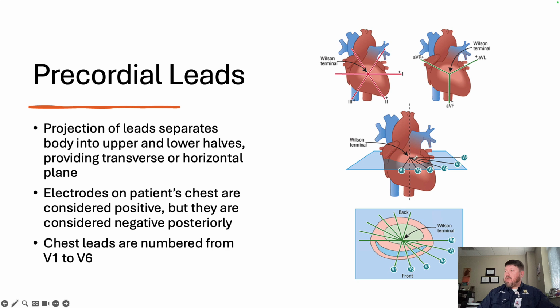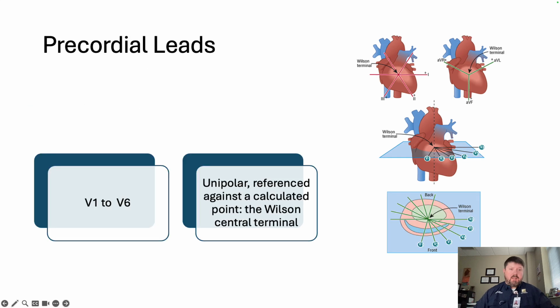So if you can imagine V1 through V6, which are the leads that you place on the chest for a 12 lead, these are going to actually look at the electrical conduction as it travels through the septal wall of the ventricle, the anterior wall of the ventricle, the inferior wall of the ventricle, and the left lateral wall of the ventricle. And again, this will be more prominent when we get into 12 lead.